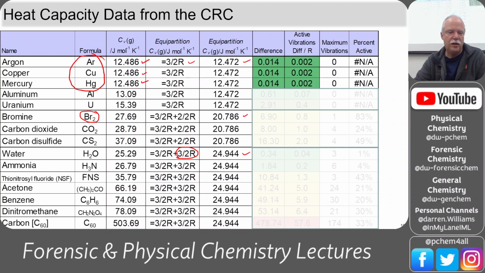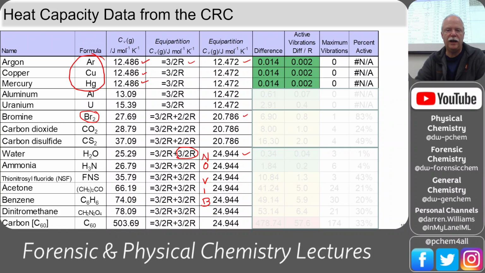And then here for the nonlinear molecules, there's a huge variety in their heat capacities. So this would be the theoretical value with no vibrations, no vib, and obviously these have some vibrations, right?